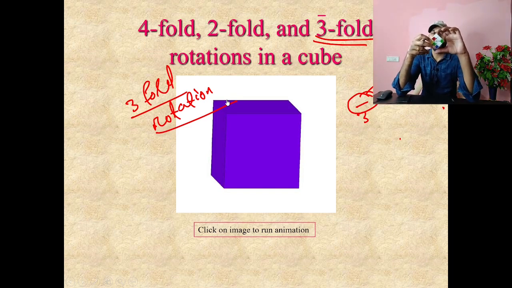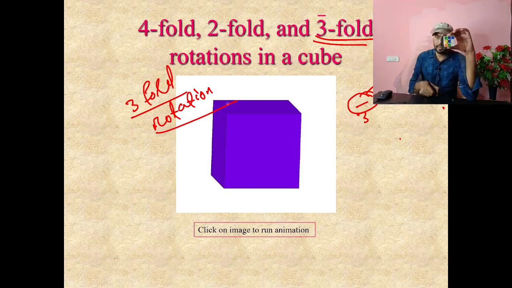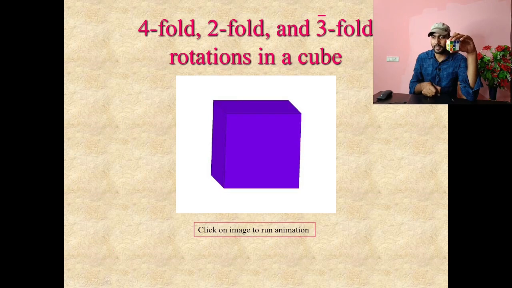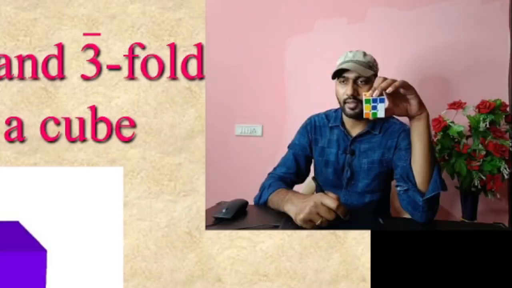Now this is the cube. Let's hold the main diagonal. What is the main diagonal? It connects opposite solid angles. Here you can see this is one solid angle, and exactly opposite, through the center, is the opposite solid angle.